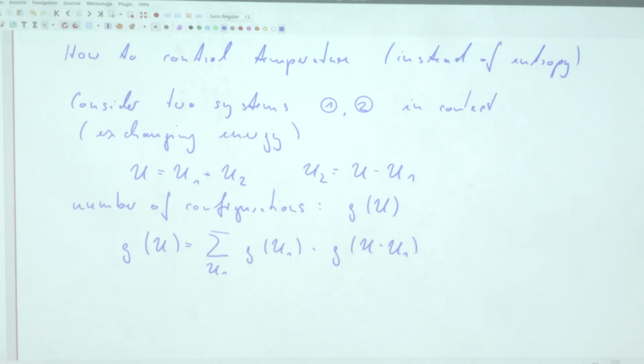And since these are a very large number of configurations, I mean, if you have a room filled with gas, 10 to 22 something molecules, the number of arrangements which are possible for all these is astronomical.